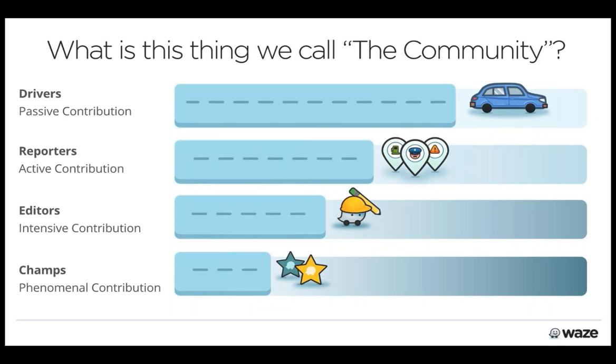These are people who are online and editing the maps and making sure places are updated, and all the different things we're going to show you how to do today. These are what we call map editors, and that's what I'm going to talk about when we talk about the community today. Champs are editors who are super knowledgeable, have been doing this for a long time, and know the map editor inside and out. We'll let you know a little bit how to connect with these champs later on in the webinar.